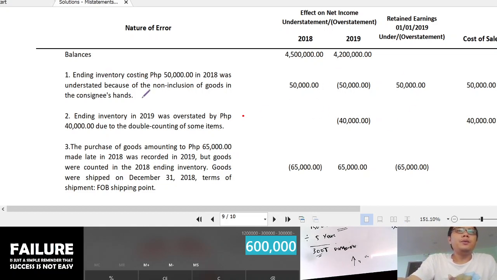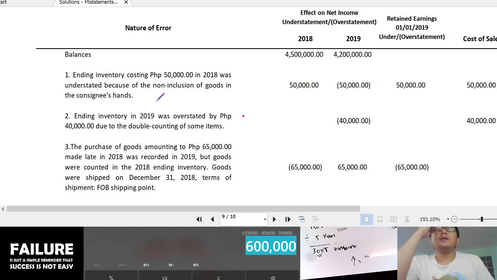Okay. So, number 1 error. Ending inventory daw, costing 50,000 in 2018, was understated because hindi natin nasali yung goods in the consignee's hands.